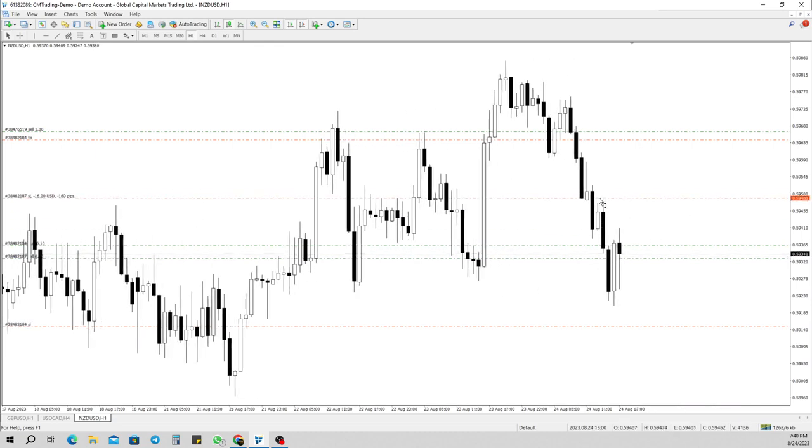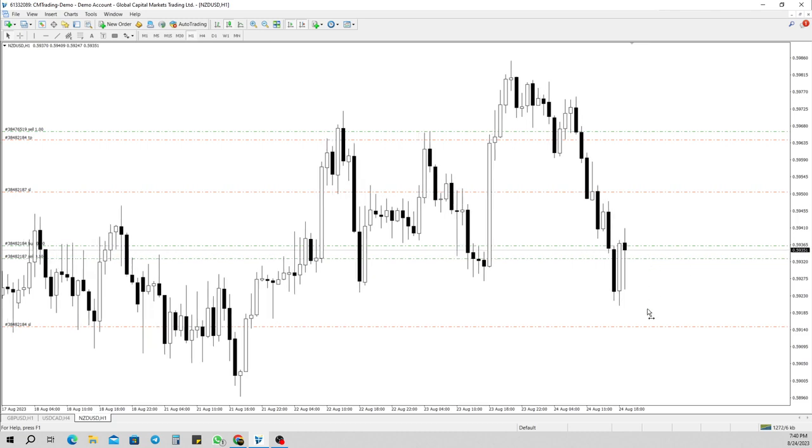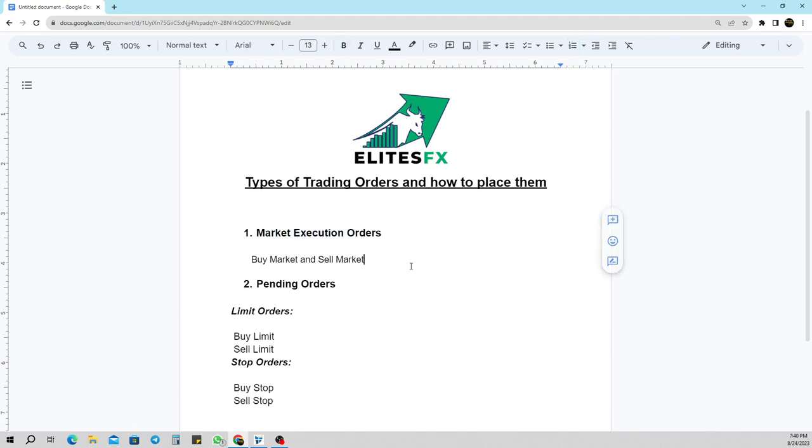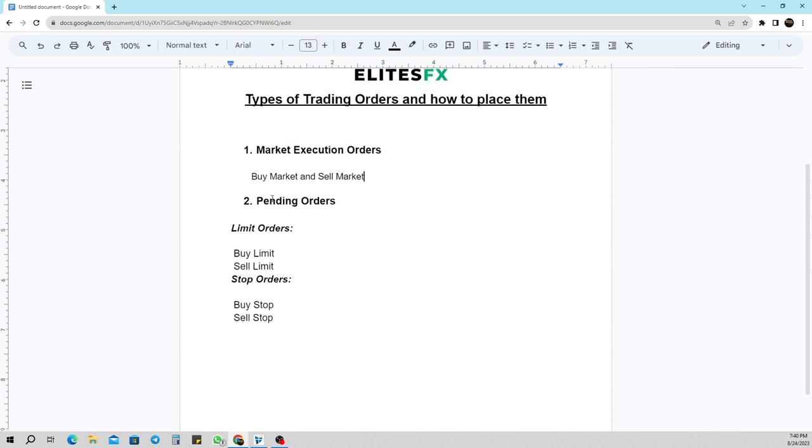You can drag it above to put your stop loss and drag it lower to put your take profit. So this is how simple it is to use buy and sell by market orders, or current market execution orders.